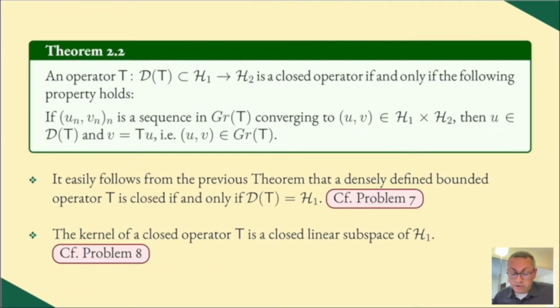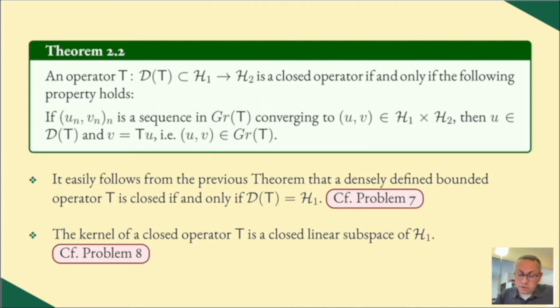How to characterize closed operators? Well, it's very easy. It's exactly the same characterization as a closed set in a metric space. So you have a sequential characterization of a closed set.